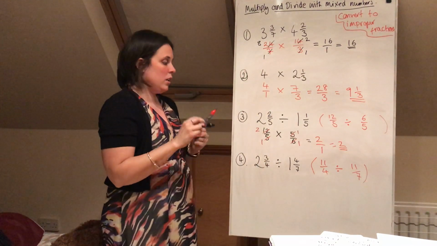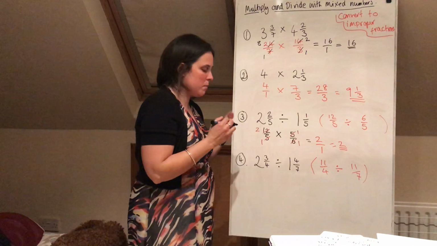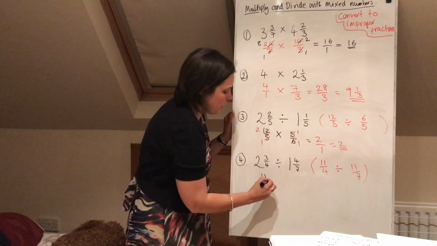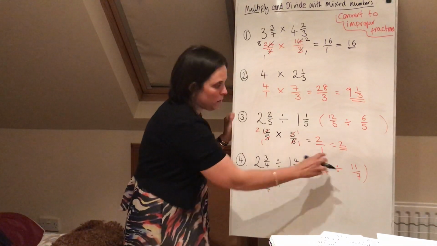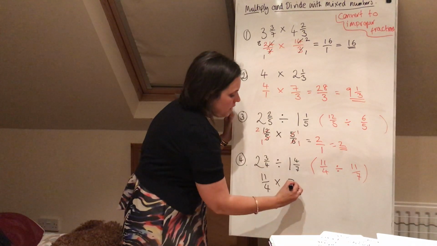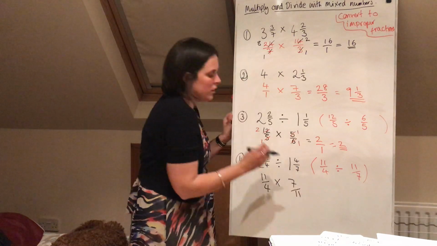Now we write it out as a multiplication sum, so we keep the first fraction as it is, change the divide to a times, and flip this fraction, so it becomes 7/11.